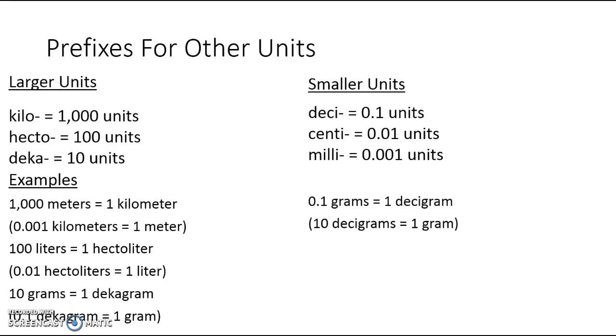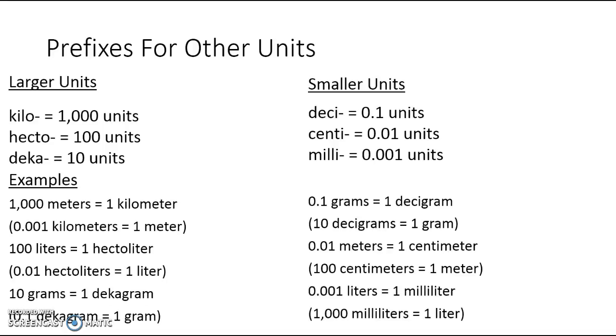Now for the smaller units, we have a tenth of a gram is a decigram. Again, another way to say that is that 10 decigrams make 1 gram. 100th of a meter is equal to 1 centimeter, or 100 centimeters is the same as 1 meter.